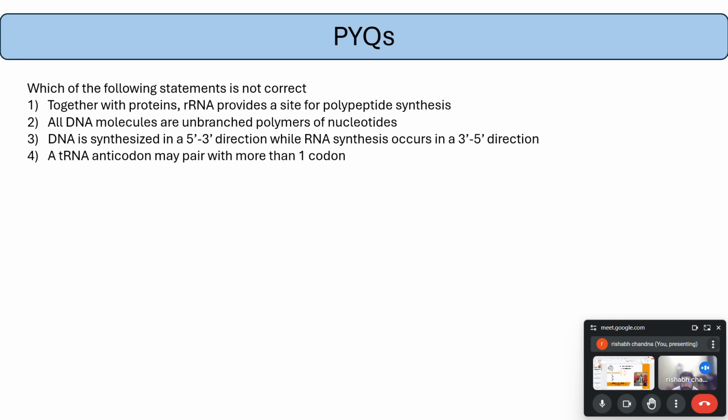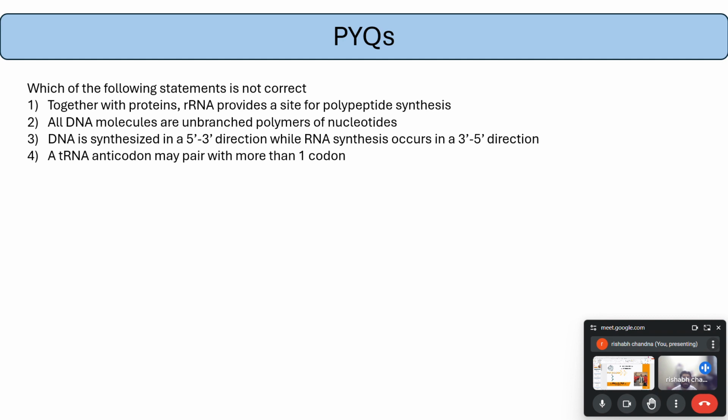First option: together with proteins, RNA provides a site for polypeptide synthesis. Then we have: all DNA molecules are unbranched polymers of nucleotides. DNA is synthesized in the 5 prime to 3 prime direction while RNA synthesis occurs in a 3 prime to 5 prime direction. So this is a bit of a tricky statement.